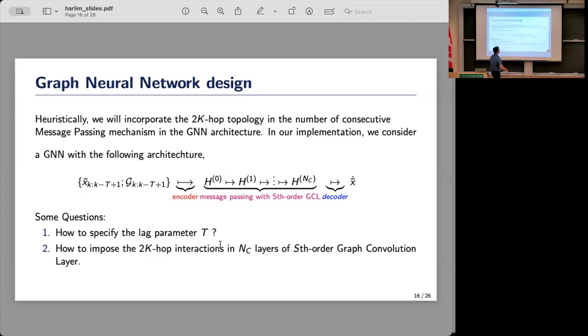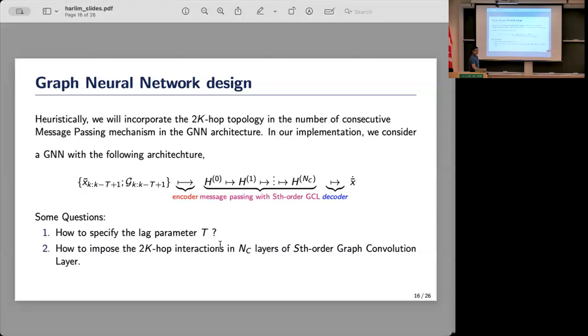The architecture they put together has an encoder and decoder, whatever that is, it's in the paper. But the main important thing is this model for the intrinsic feature here. We have N_C layers, and in each of them, the standard cornerstone for the graph neural network is to use S-order graph convolution layers.